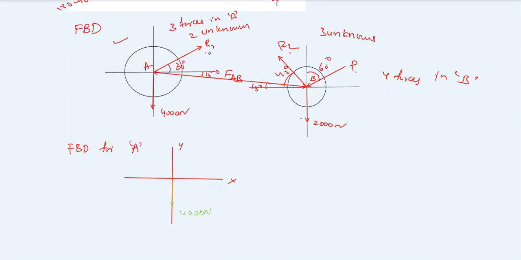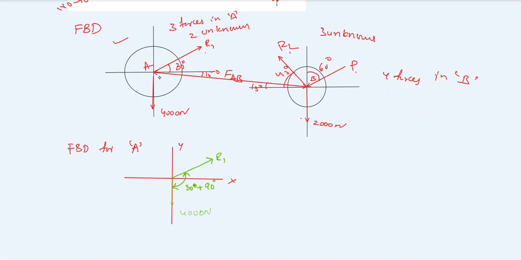Similarly, R1 is in first quadrant, so use R1 in first quadrant. What is the angle between these two forces? Very simple. The angle between these two forces is 30 plus 30 degrees plus 90 degrees. Now FAB going towards second quadrant.